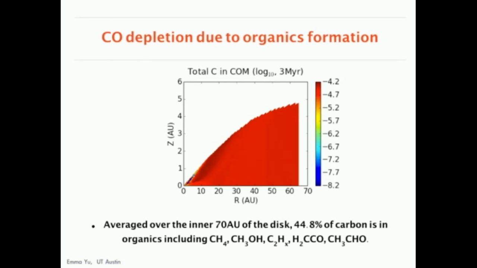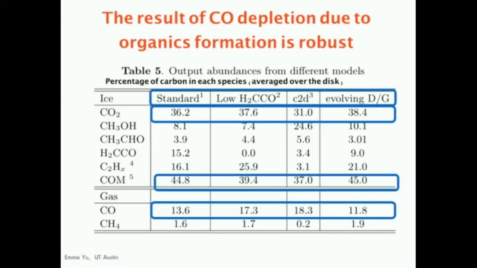If we average over the entire disk, it turns out around 45% in some models of available carbon is stored in organic ices by the end of the T Tauri disk evolution. So we asked the question how robust our result is. So we tested our results against different models.